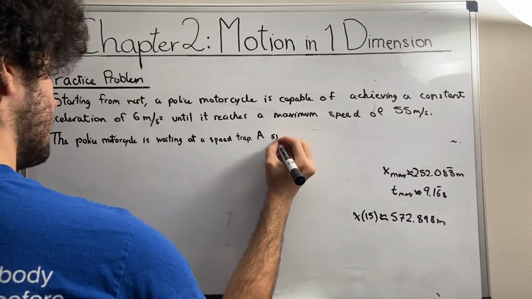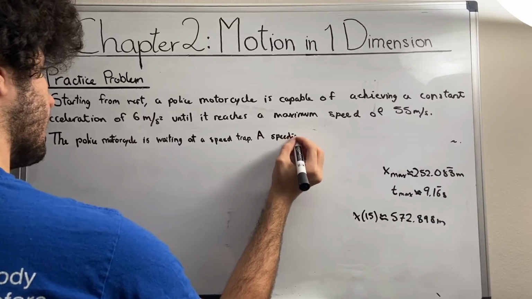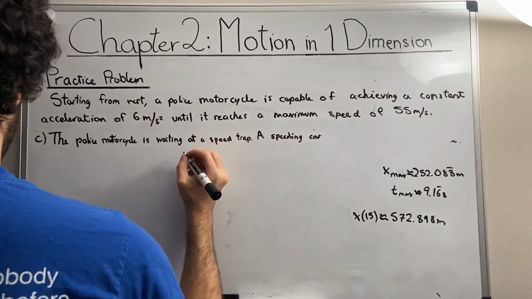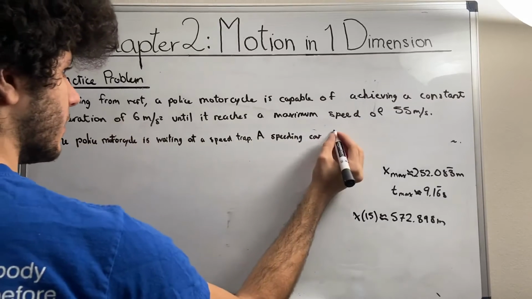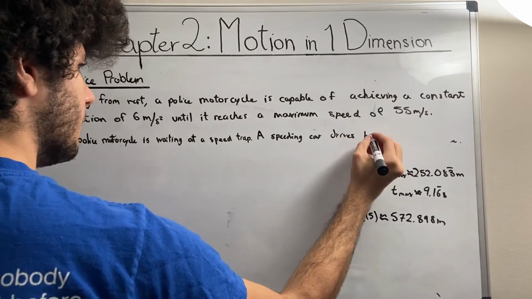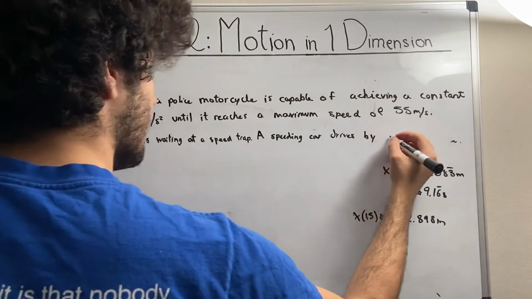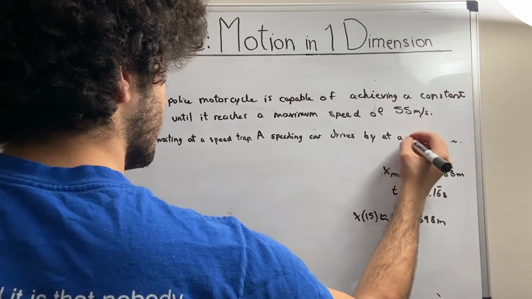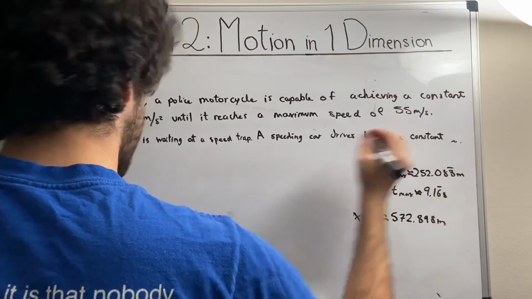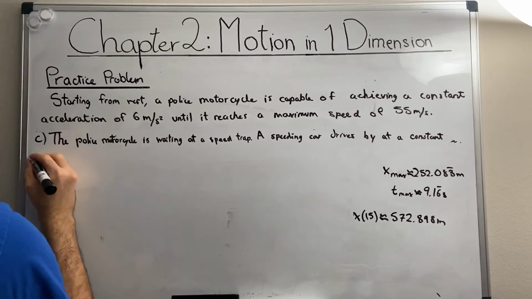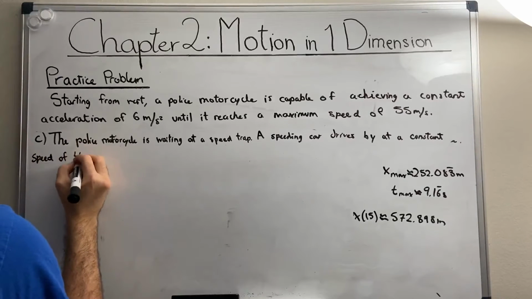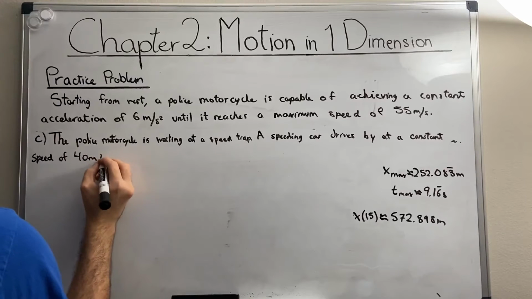A speeding car drives by at a constant speed of 40 meters per second. It's quite fast.